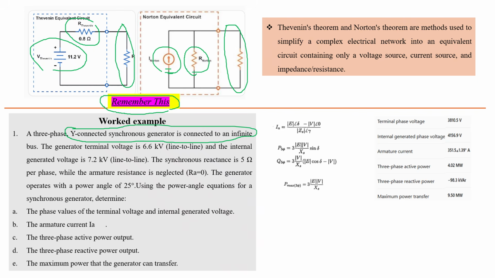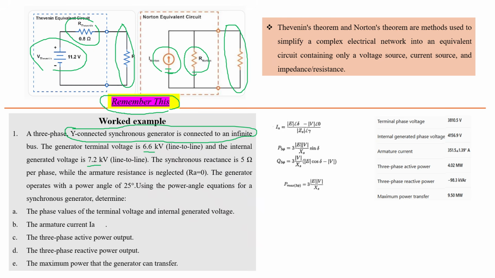The internal voltage is there, the internal impedance is there, and the infinite bus is there. The generator terminal voltage V terminal is 6.6 kV line to line, and the internal generated voltage is 7 kV.